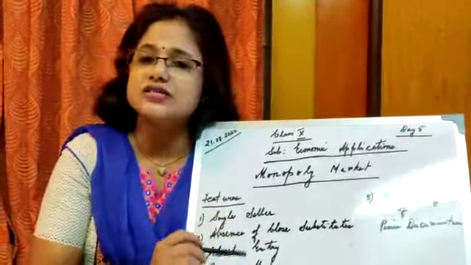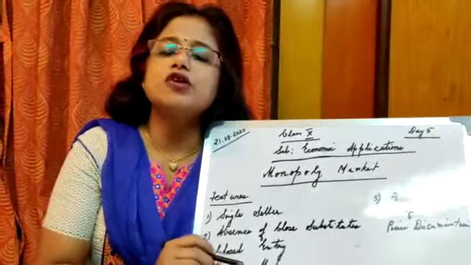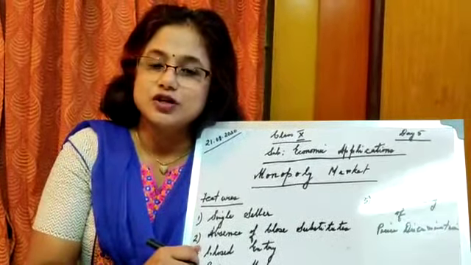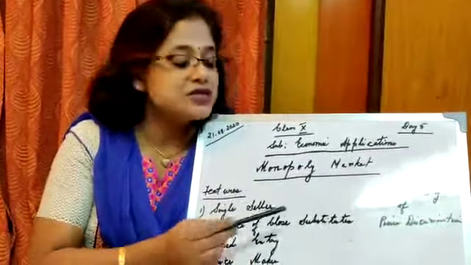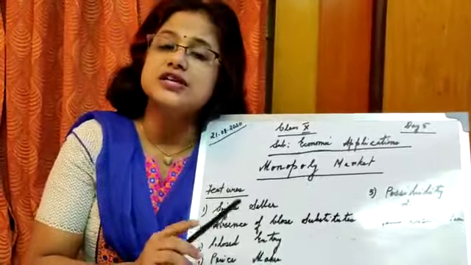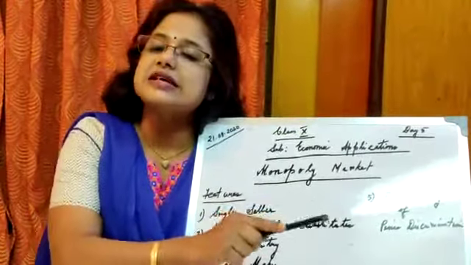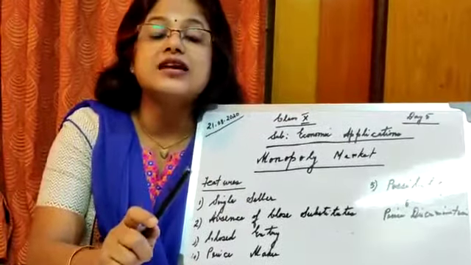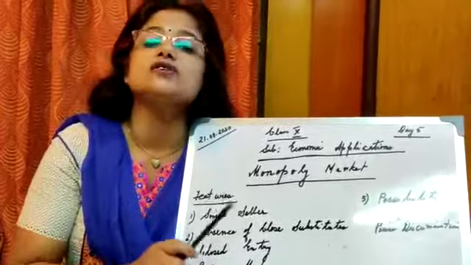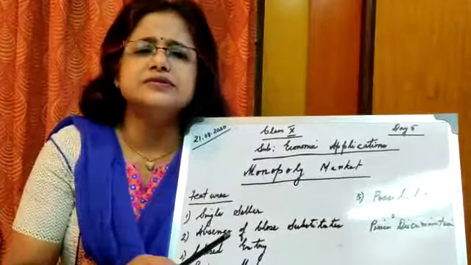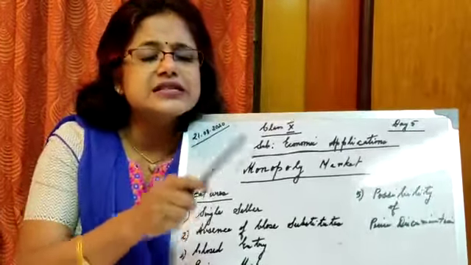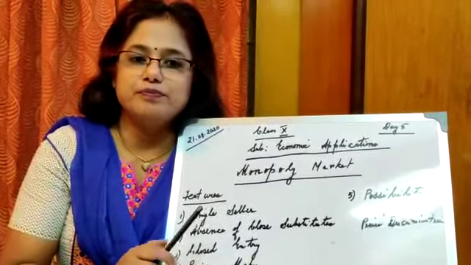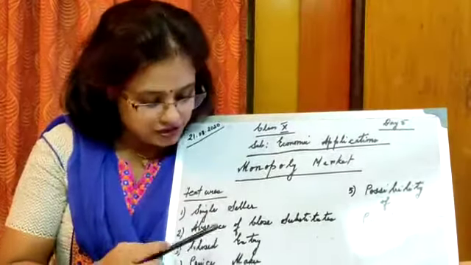If there were close substitutes in the monopoly market, competition would prevail and monopoly would not exist. But sometimes distant substitutes may exist, though they are very costly. For example, for electricity, distant substitutes are generators, but they are very costly. Basically, there are no close substitutes.